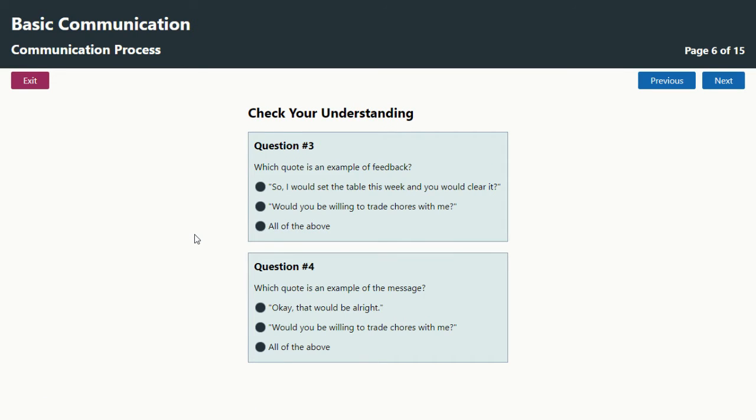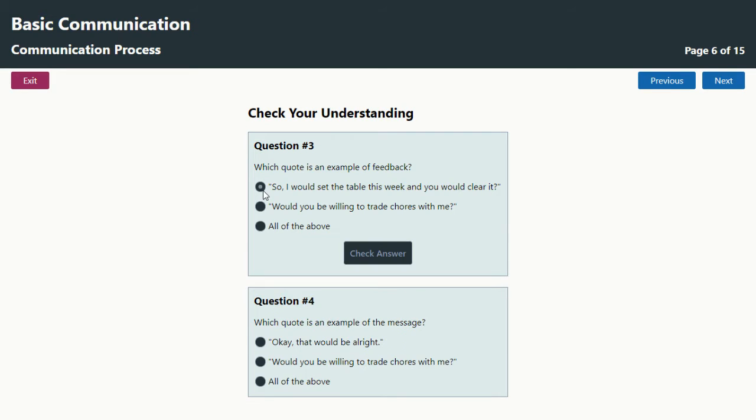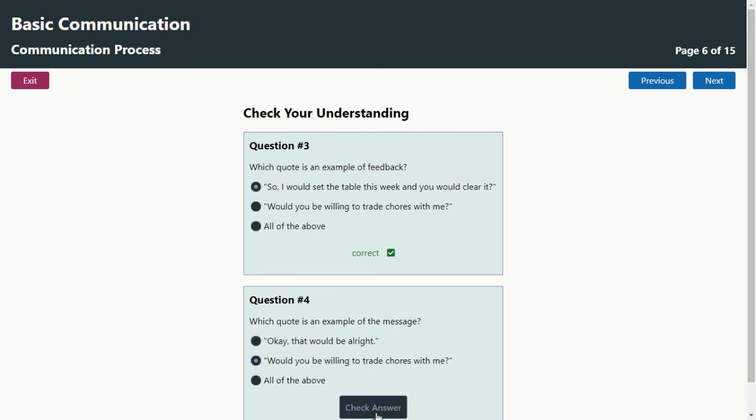Which quote is an example of feedback? "So I would set the table this week and you would clear it." That's feedback. Which quote is an example of the message? "Would you be willing to trade chores with me?" That's an example of the message.